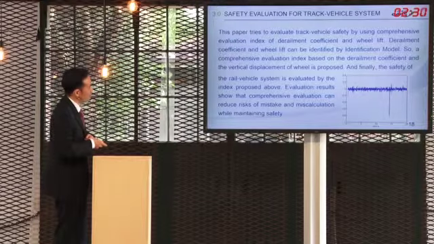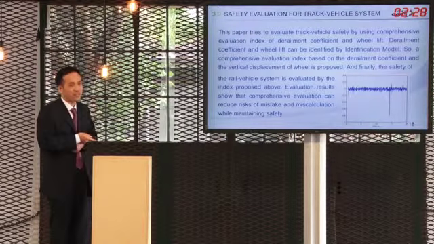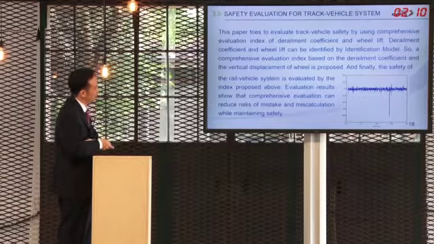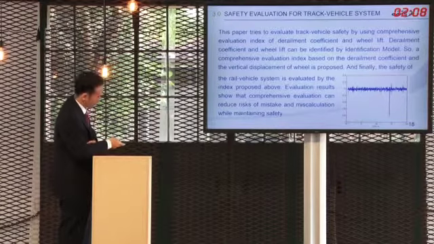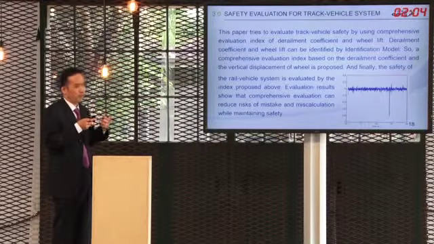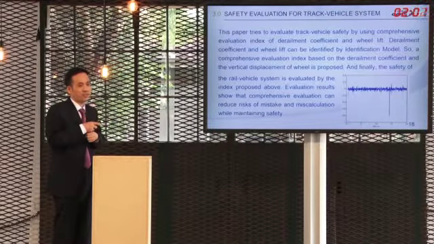The reason is you can see that in some cases the derailment coefficient is very large, but it does not derail because the lateral displacement of the wheel set is small, and the wheel set will come back, so it does not derail. You can see this figure. So we compare these two indexes.